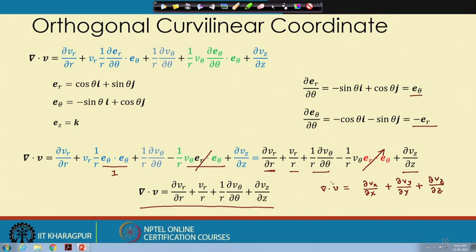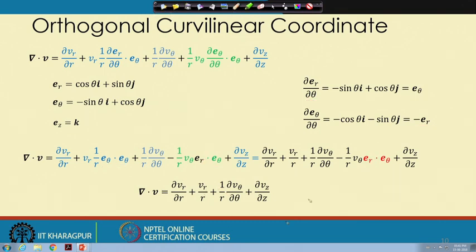If we explain clearly why this change is here, it is because the derivatives of the basis vectors of the curvilinear coordinate system are not necessarily 0. So this is proved by this fact. Now in the curvilinear case, the expression for the divergence will be different.